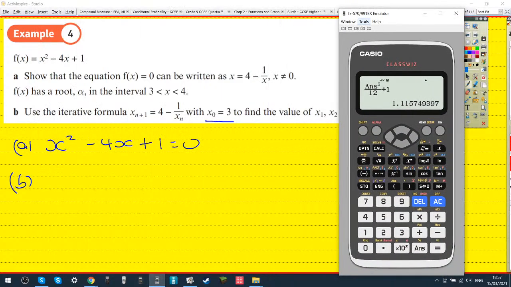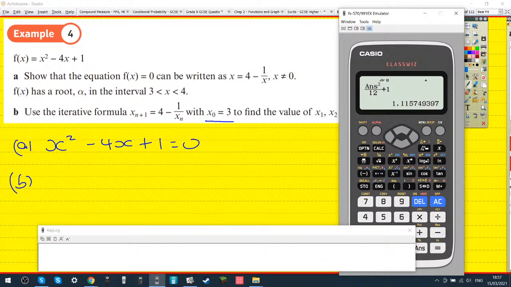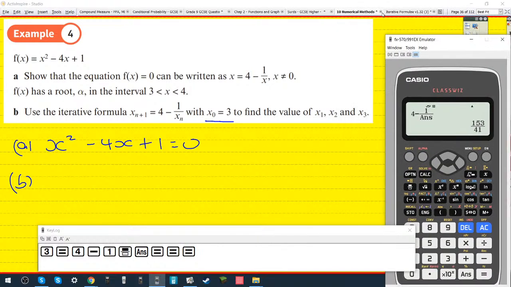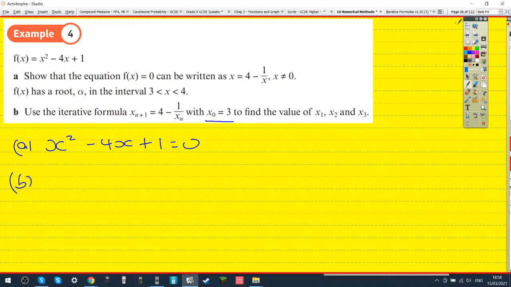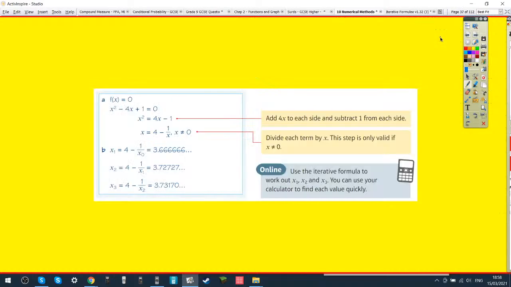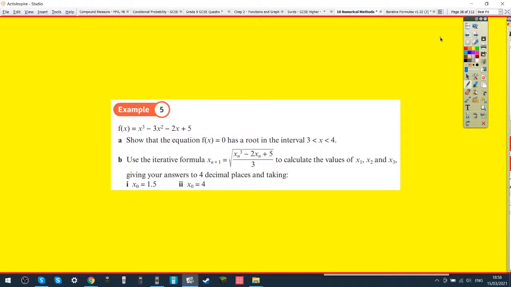Mm-hmm. I do 4 minus 1 over answer, and I keep on subbing values in, to the point where I've now got my highest value is 3.73. And so then you get x1 is 11 over 3, x2 is 41 over 11, and then x3 is 153 over 41. I'll keep that for later. There we go. We got them. I use this equation. We showed that the equation has a root.